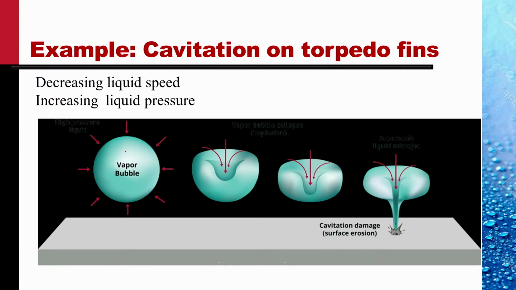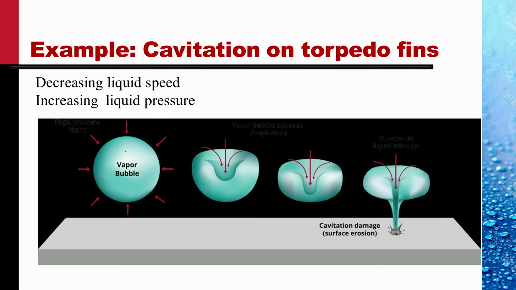This cavitation is quite harmful when the pressure increases on the vapor bubble, that is, when the liquid speed decreases, the bubble collapses in the manner shown, and there is a kind of a water jet that impinges on the nearby surfaces.